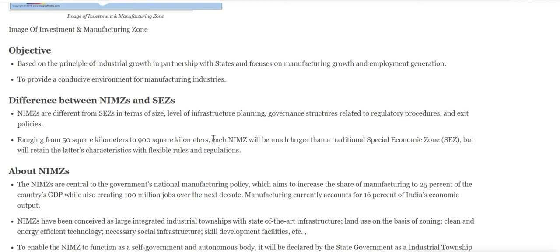And so hence NIMZ has a much larger area than the traditional SEZ. But it contains the flexibility in rules and regulation, just like the SEZ.